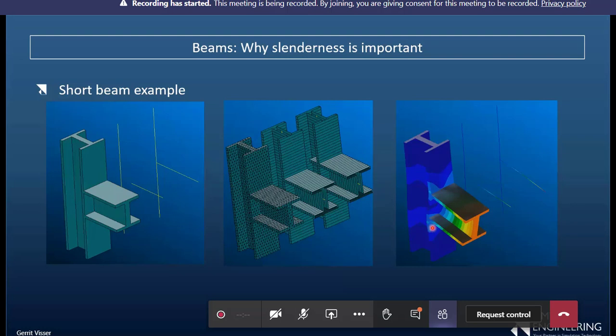And this is exactly the reason why slenderness is an issue with beam elements, because this joint stiffness, the attachment stiffness, plays a critical role in what the final displacement there will be. Imagine this beam is infinitely rigid, but it rotates a little bit there, then that point will move down already.